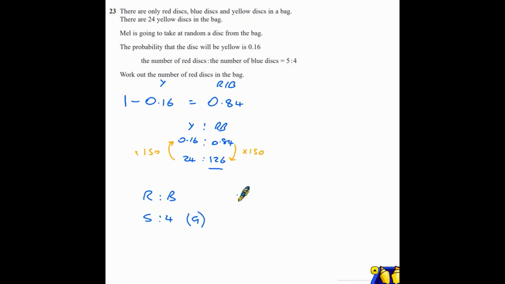I know there are 126 of them, so 126 divided by 9 equals 14. So I've worked out one part of the ratio. One part of the ratio is 14. The question asks me how many red discs there are, so it's 14 multiplied by 5. 5 fours are 20, 2 up there, 5 times 1 is 5, and my answer is 70 red discs.